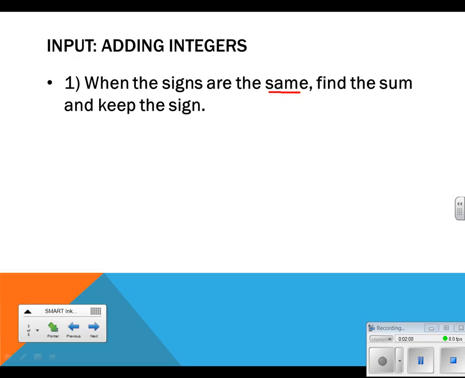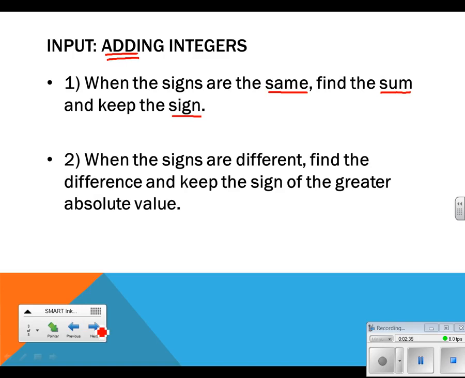When the signs are the same, you're going to find the sum, the total, you're going to add, and keep the sign. And this is with adding. Make sure you keep the addition separate from subtraction.